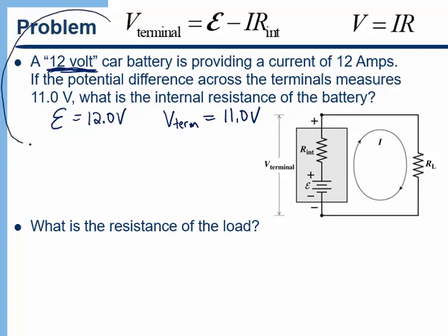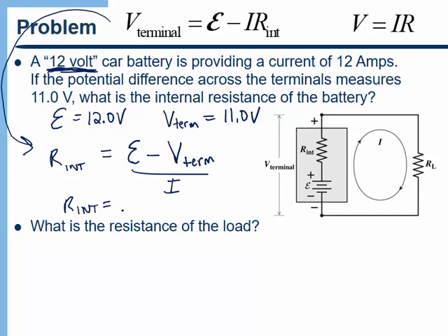If I solve that for internal resistance, I get R internal is equal to the ideal EMF minus the terminal voltage, divided by the current. And so when you work it out, you should find that the internal resistance of this battery is 0.083 ohms.